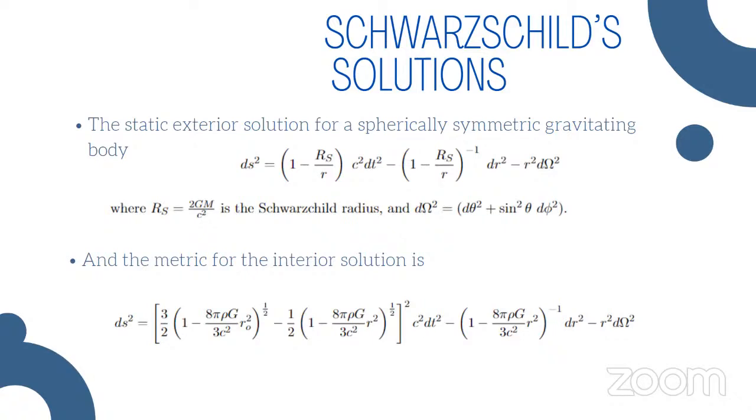So we have this metric, ds squared equals 1 minus Rs by R and so on. This metric is the Schwarzschild exterior solution, that is, outside a spherical mass, and Rs represents the Schwarzschild radius.